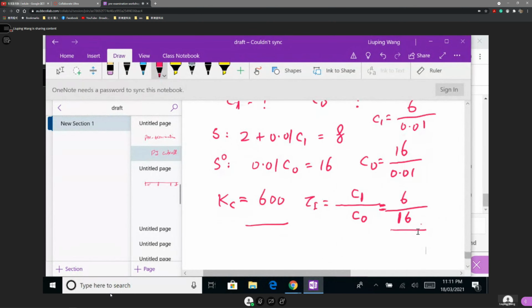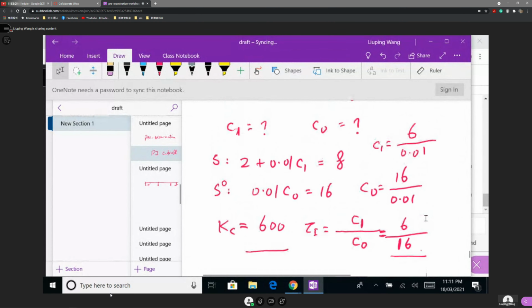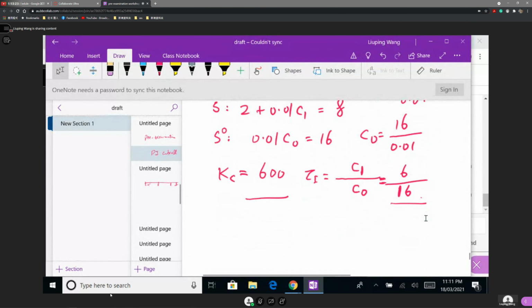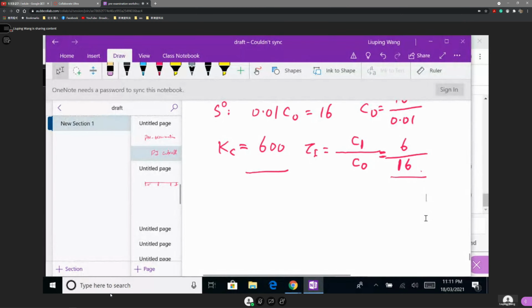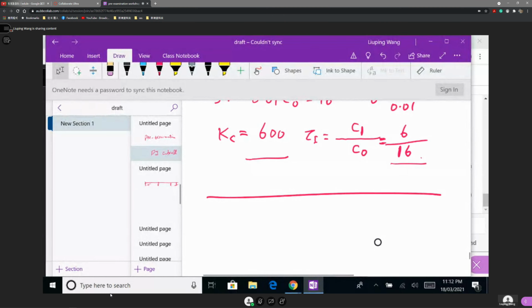So let's do one more exercise, let's try one more exercise on this model, the water reduction case. The system you're trying to control, the transfer function G of S, is a higher order.